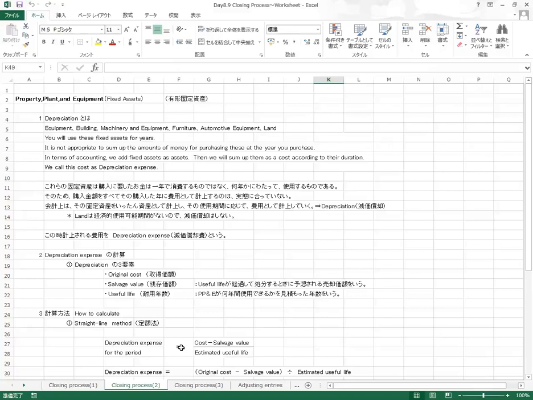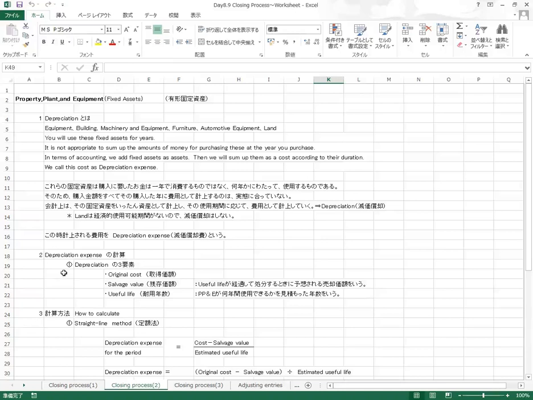So it is not good to record the amount as this year's expense. So you should record the building to the asset. Then you make expenses according to the terms that you can use.